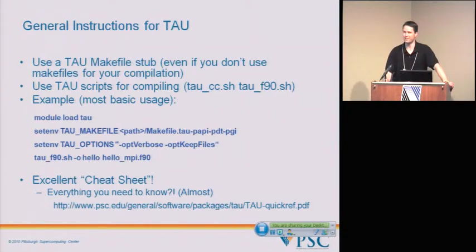Yep. Thank you. So when you actually go to build your application, you may want it to spit out a lot of information about what it's doing, so there's an option for verbosity there. This option to keep files is really useful. What this does is it keeps the intermediate instrumented files that Tau creates.